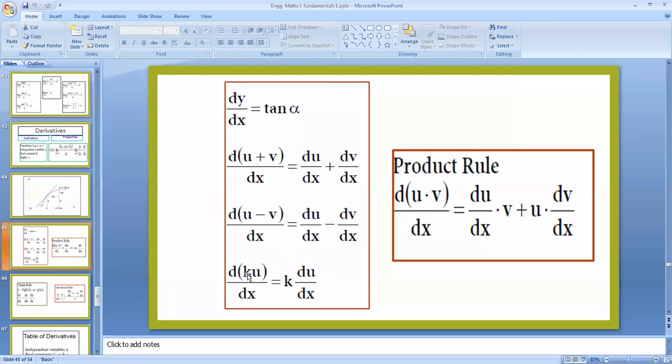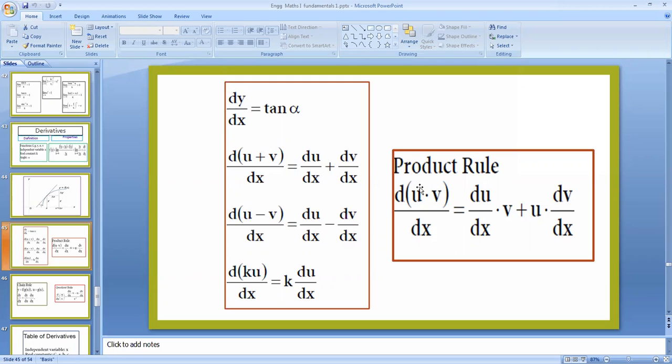What is next? d by dx of ku, where u is a function of x. Here k is a constant, take it outside, and find the derivative of the function only, that is du by dx. Now suppose a constant is there. What is the derivative of a constant? It is 0. The next is the product law, that is d by dx of u into v.